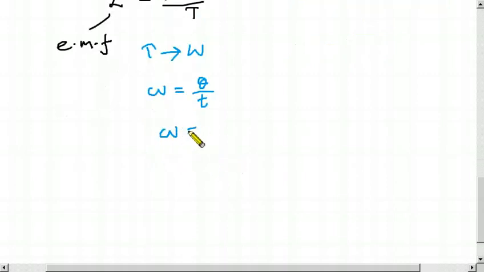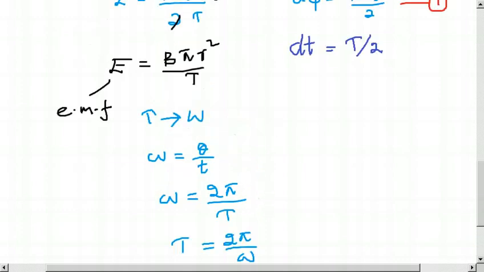If we take one circle, theta is 2 pi in radians, and the time is capital T, the period, to cover one circle or one rotation. So omega is 2 pi by T. Here what we want is T isolated: 2 pi divided by omega. So let us substitute here.